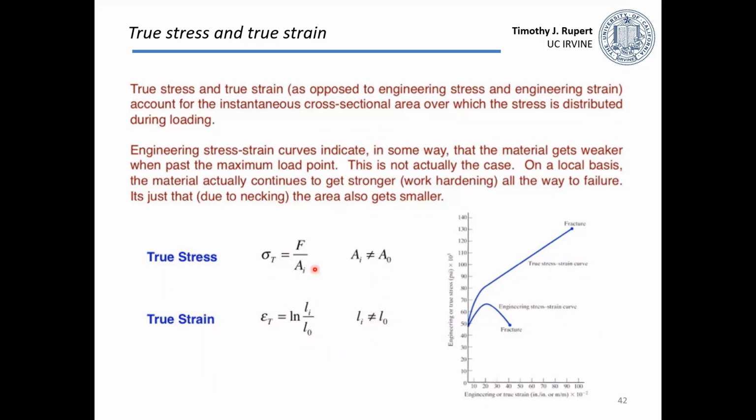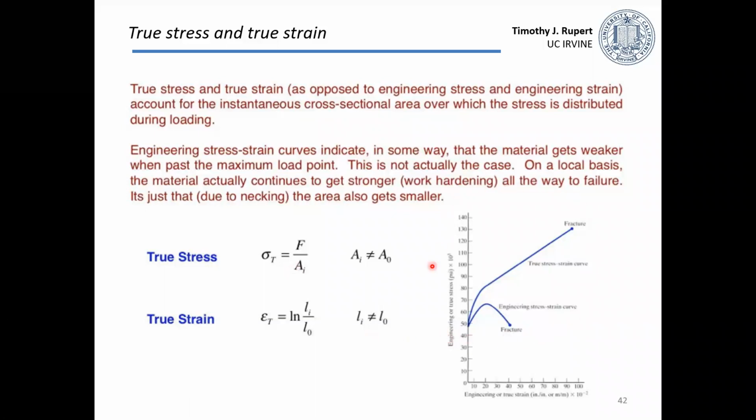The reason we don't directly calculate these is that they are often hard to measure during a test. It's hard to know exactly what the cross-sectional area is during a test, but it's easy to measure your sample before you put it in.